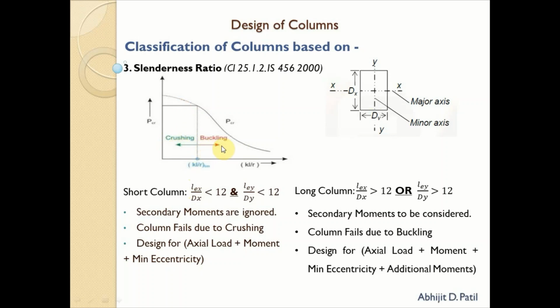And when this ratio exceeds 12 in any of the direction, you can see this curve. So up to here, the load carrying capacity is no problem, but after this, the load carrying capacity will sharply decrease because it will fail under buckling.